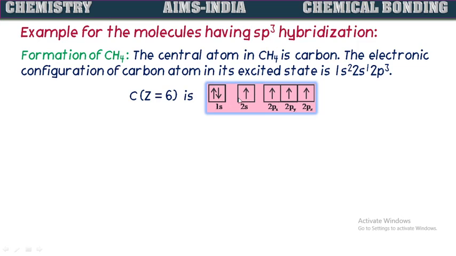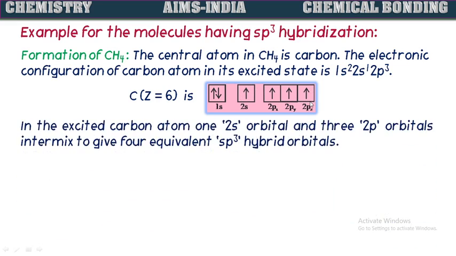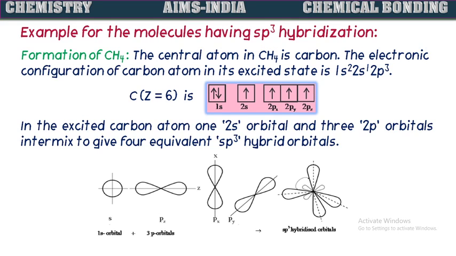But in the excited state, one electron jumps from 2s to 2pz. So it has 4 orbitals with unpaired electrons. In the excited carbon atom, the 2s orbital and the three 2p orbitals intermix to give 4 equivalent sp3 hybrid orbitals.